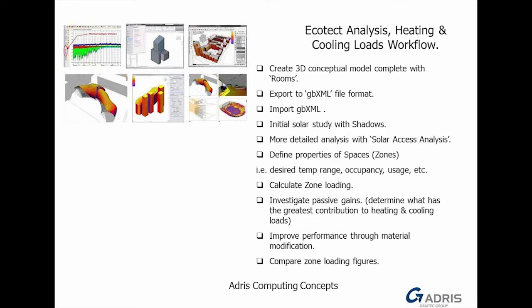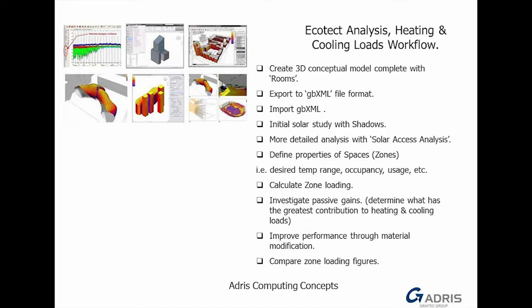We might want to have a detailed examination of the passive gains. Which part of the model is it that has the greatest contribution to the heating and cooling loads? So running a passive gains analysis would give us some sort of indication of that.